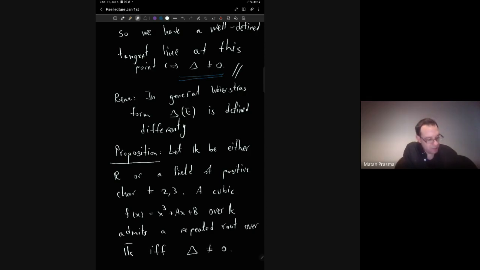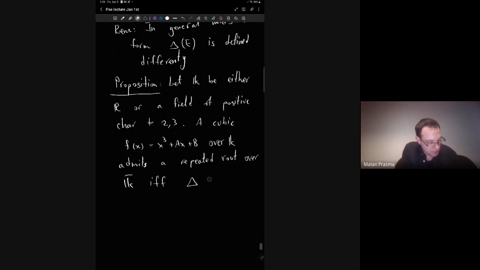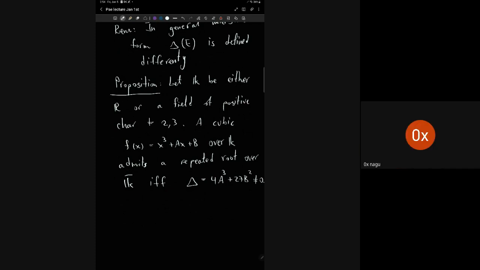Discriminant, again, let me just remind you: this is 4a cubed plus 27b squared. And this needs to be non-zero. So in another way of saying, the cubic polynomial has 3 distinct roots if the discriminant is not 0.